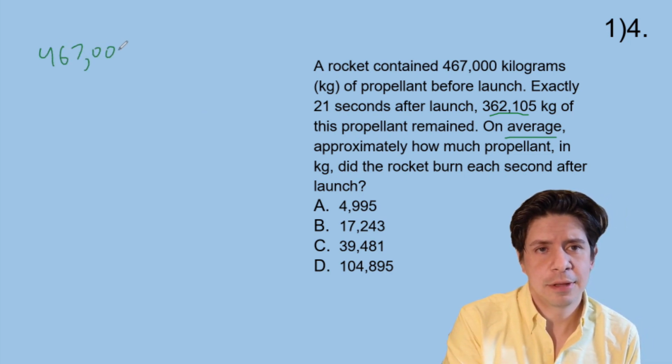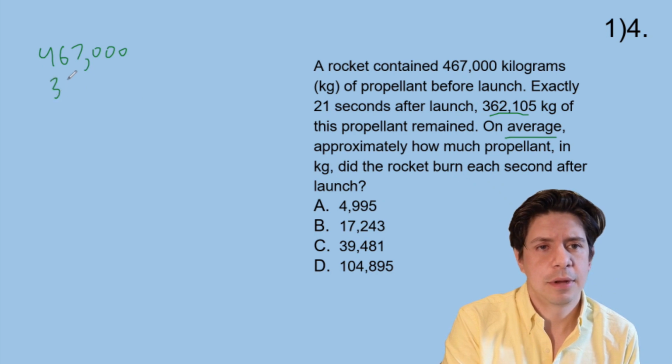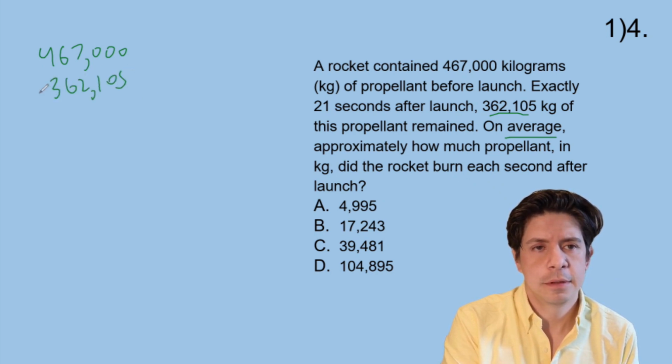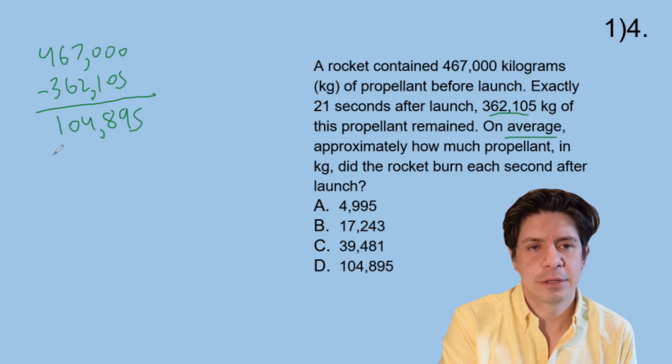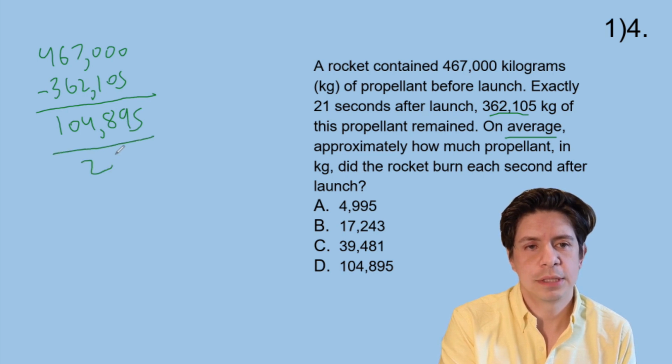Again, this is a good calculator one. I'm just going to write it out for you all. 105 minus, right? That's going to be 104,895. And we're going to divide that by 21.